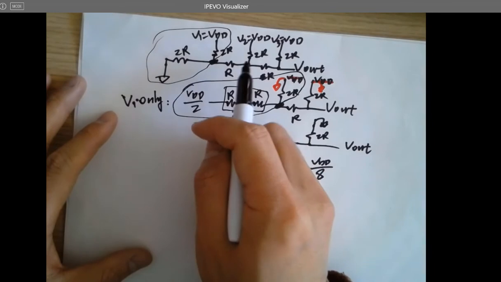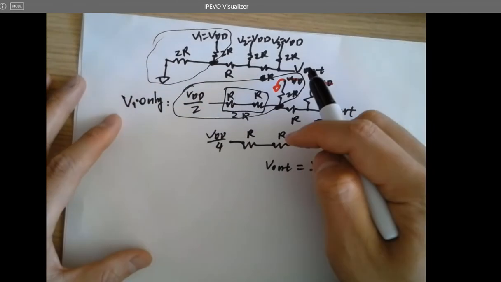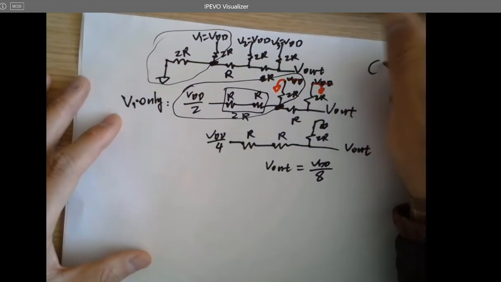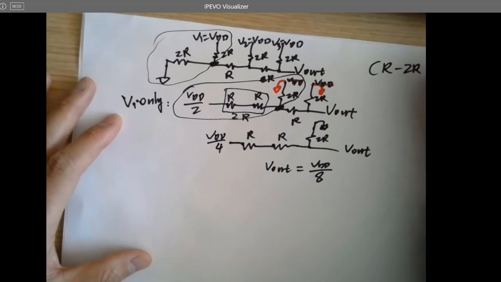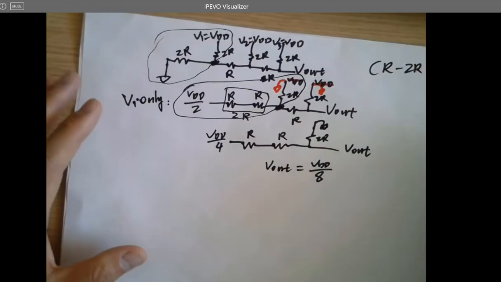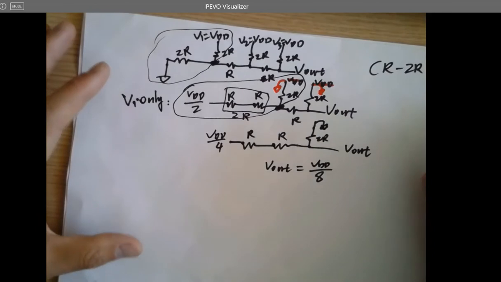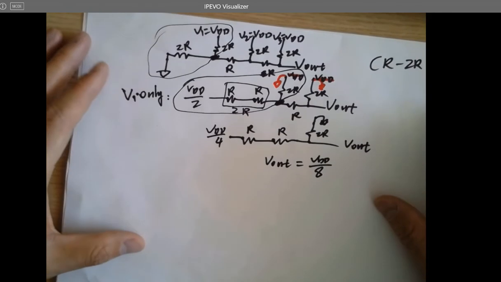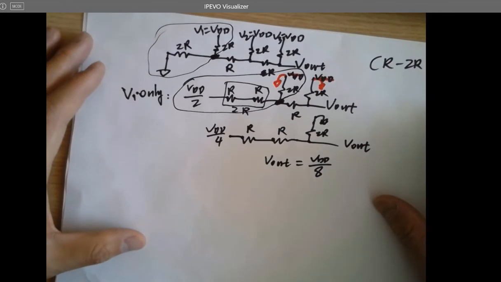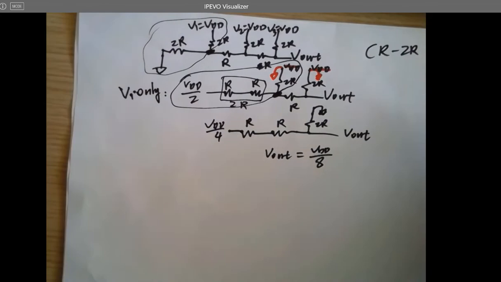How many bits of this DAC? Is that a DAC? It's an R2R DAC, okay? It's an R2R ladder or R2R DAC. It's a DAC, digital to analog converter. Okay?